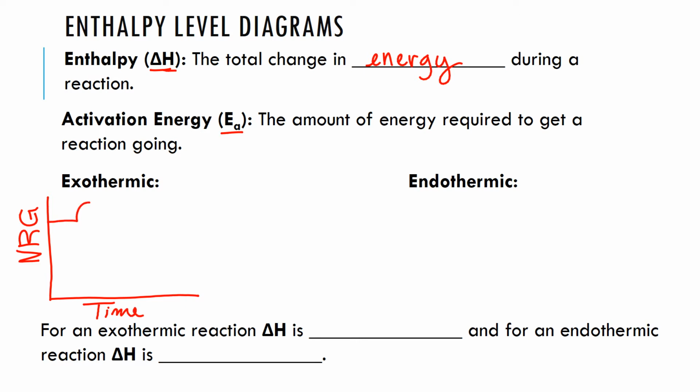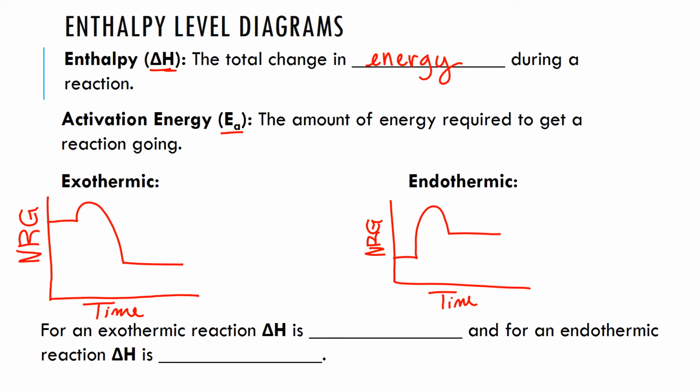So for an exothermic reaction, the general shape of the graph is like this. And for an endothermic reaction, let me just label my axes here. The graph will look more like this. Now when we look at this, we see two horizontal lines, and they are at different values on the y-axis. So each of these horizontal lines represents a specific amount of energy.